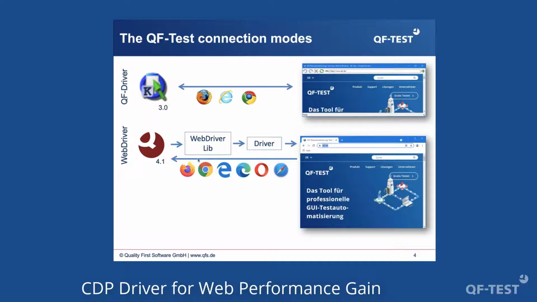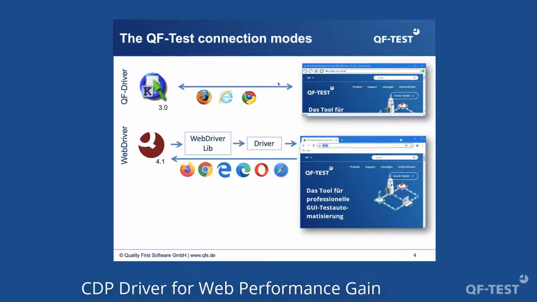For example, speed might not be as fast as it was before, because there is a lot of communication overhead when using the WebDriver protocol and the drivers and the back channel, which we have to compensate somehow. But with all this overhead, you never get the same speeds as you could have with the dense integration we have with QFDriver, where we really can access the interesting data in memory at no time.